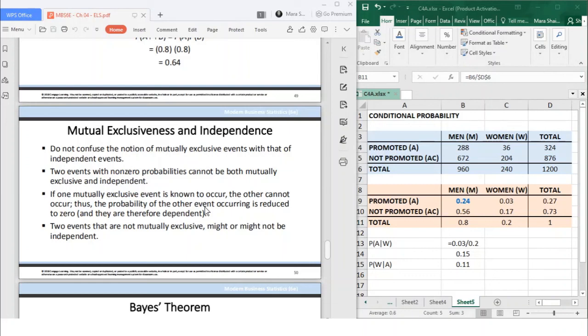So, again, let me go back. Mutually exclusive is different from independence of events. Independence of events means they are independent, so they have no effect on each other.